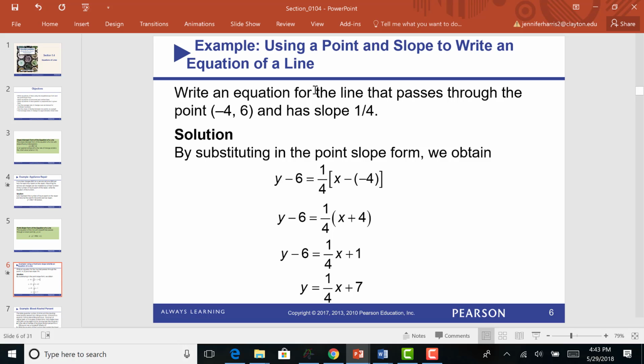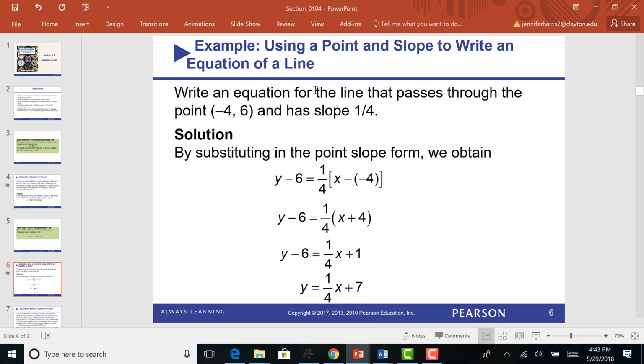Okay? So here are your steps. Step 1, identify x1, y1, and m. What's m again? Slope. Okay. That's your step 1. You've got to identify what it is.